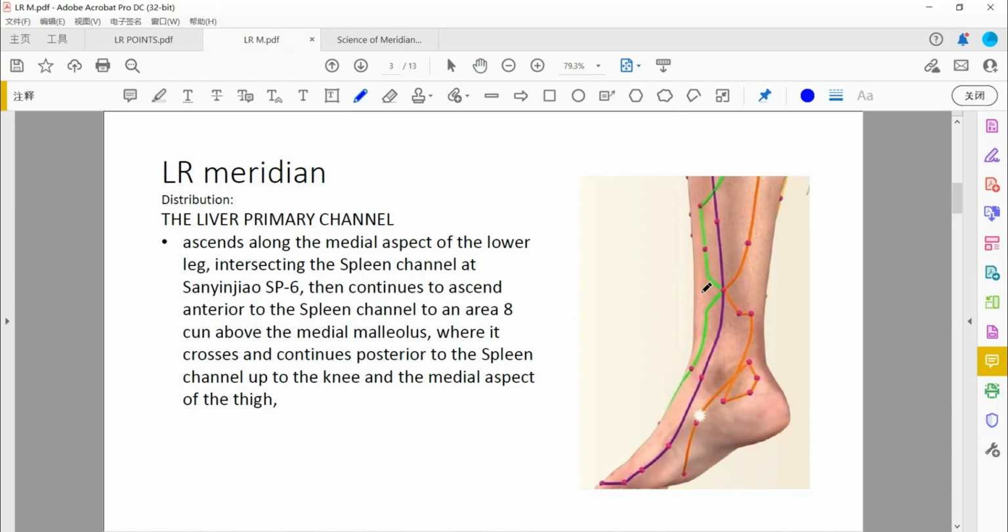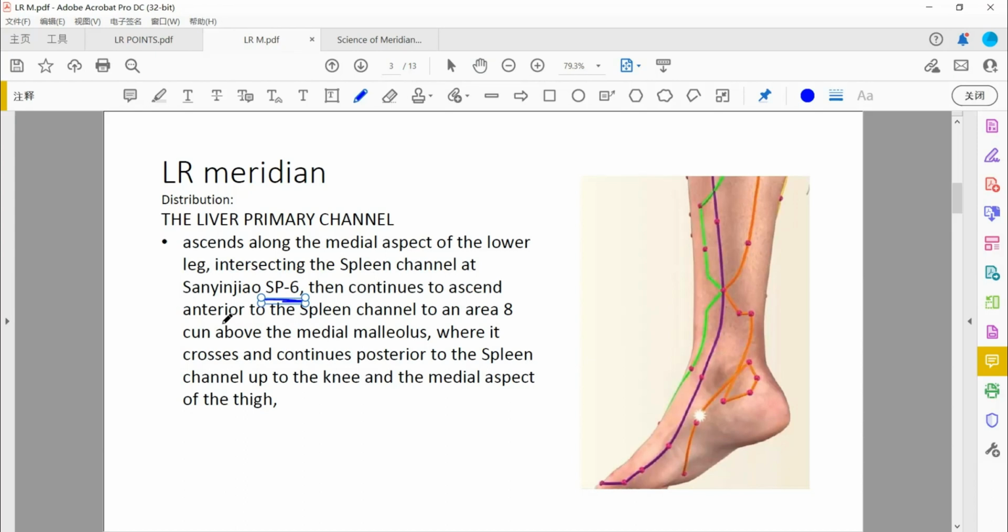This part we need to know because it's usually in the exam. It ascends along the medial aspect of the lower leg, intersecting the spleen channel at 三阴交, SP6.